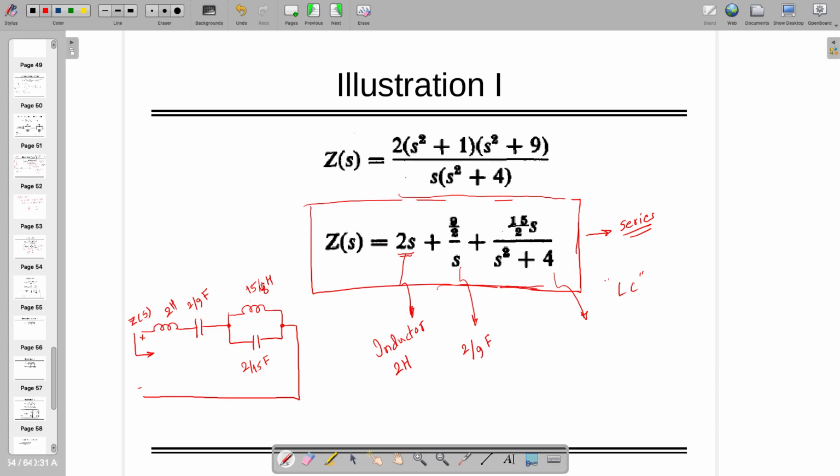Okay. So here it becomes 1 by 2 by 15 times S plus 8 by 15 times S. So when we are writing 1 divided by, this becomes admittance, where this value will give me the capacitor and this value will give me the inductor, right? This is a common mistake people make. Last time also, I don't know if you were here in the last lecture.